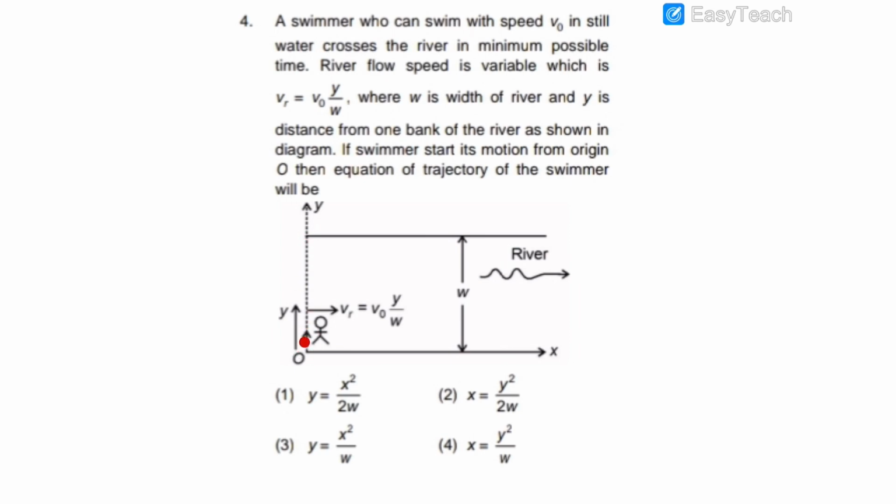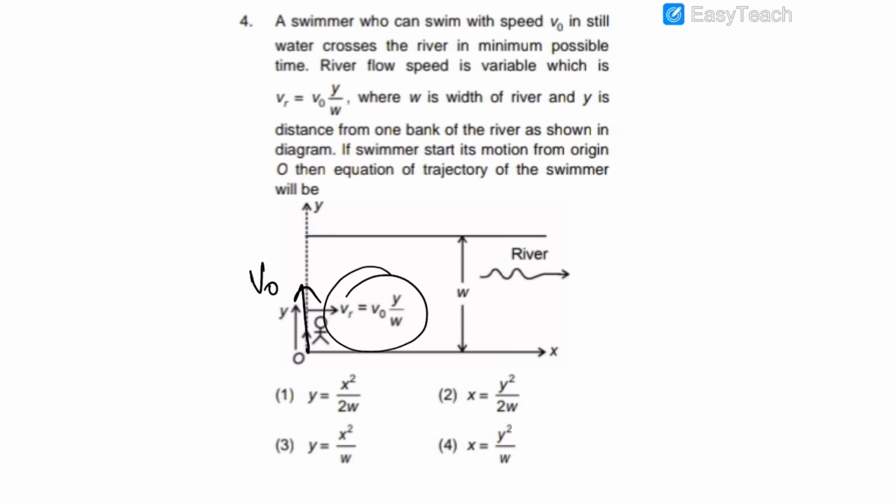So if we are standing at this point, then the speed of the river would be greater. We have to find the equation of trajectory of this swimmer if he starts from the origin. He is always trying to move in this direction with the velocity of v0.